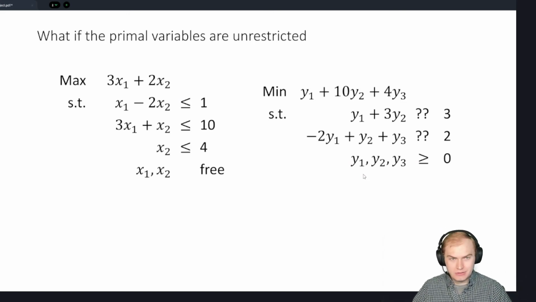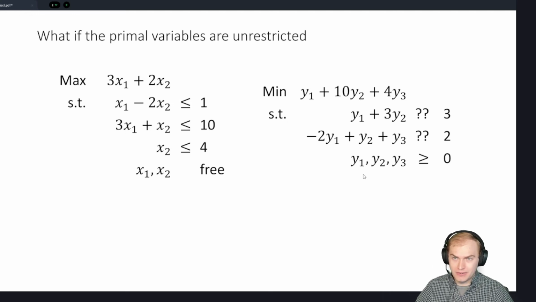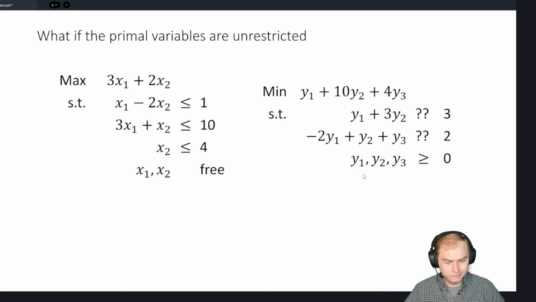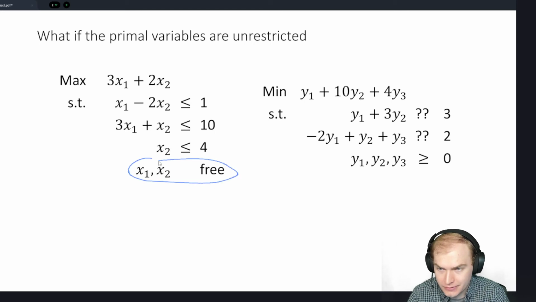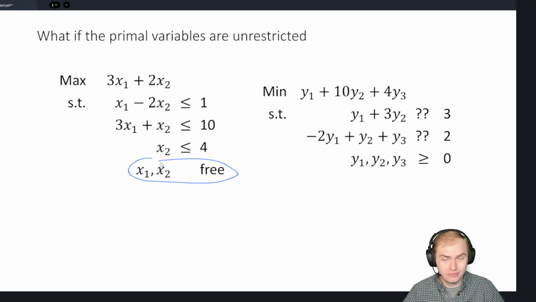So, in a similar vein, what if the primal variables are unrestricted? So what if we had free primal variables? Well, remember that the dual of the dual should be the primal. That's important.